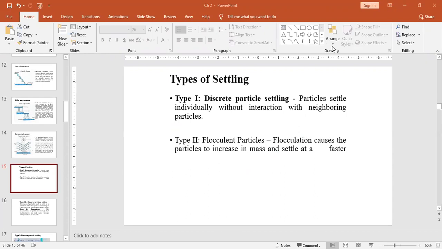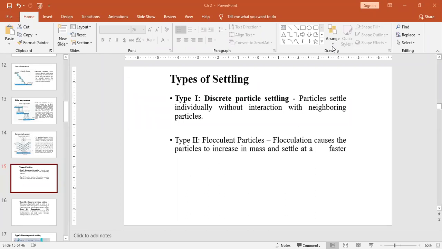In the topic of the settling process, or solid separation theory, or sedimentation, we are going to discuss settleable suspended solids and non-settleable suspended solids. So simply, we can talk about the suspended solids. In sedimentation, there are 2 methods.